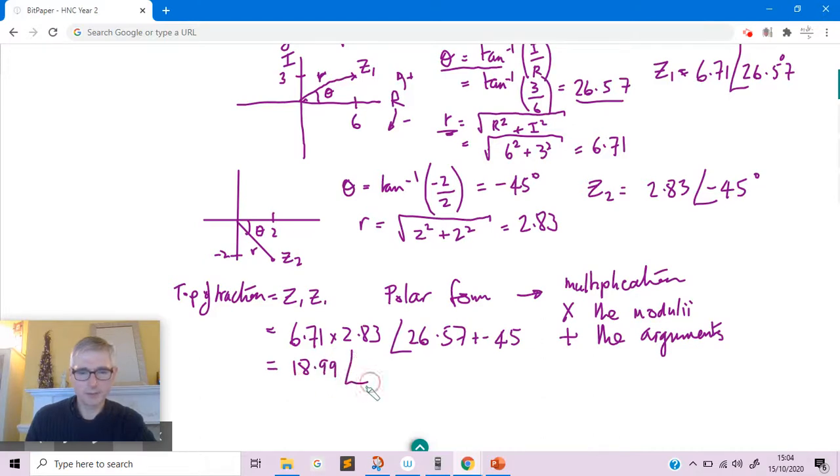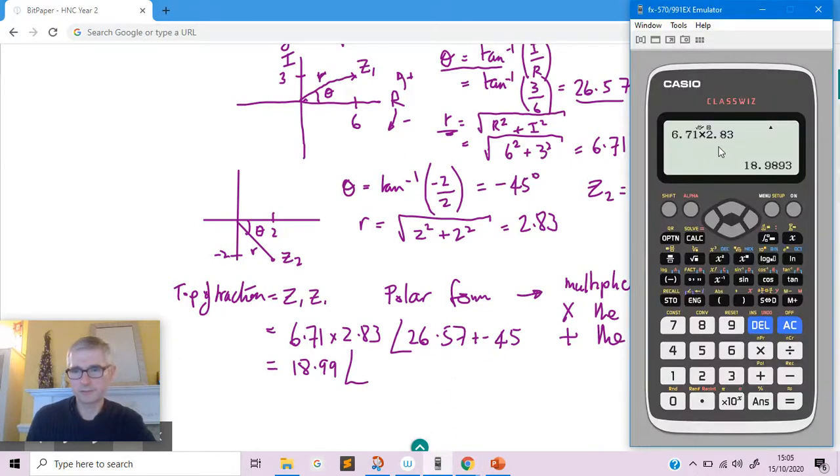And then if we're going to add these together, that becomes 26.57 minus 45. And I'll just do this on the calculator just so I don't make any mistakes. So 26.57 minus 45. It's given us in this form, which we don't really want.